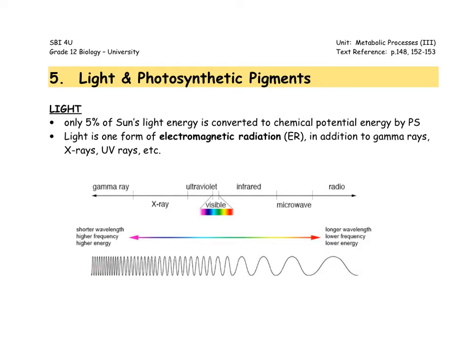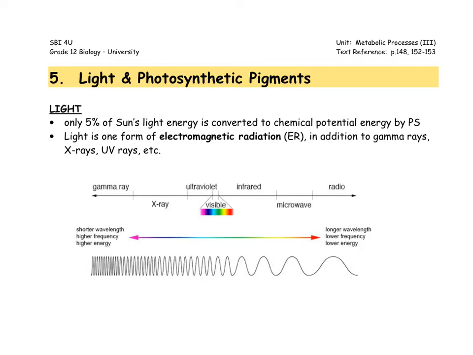They can cause genetic mutation, whereas radio waves typically don't do that. And so we can say that the energy of a gamma ray is much higher, whereas the radio wave's energy is much lower and so less penetrating. So again, inverse relationship: longer wavelength equals lower energy, shorter wavelength equals higher energy.